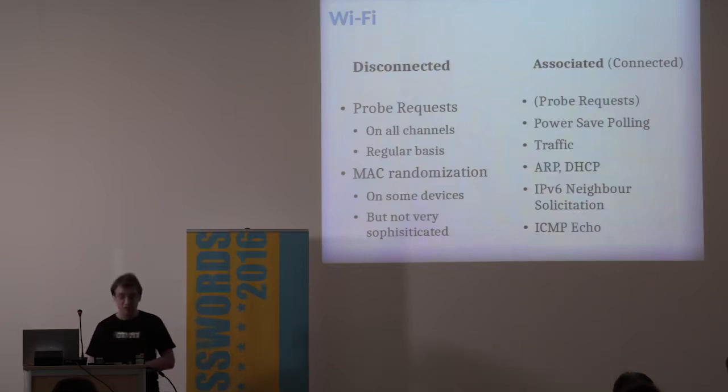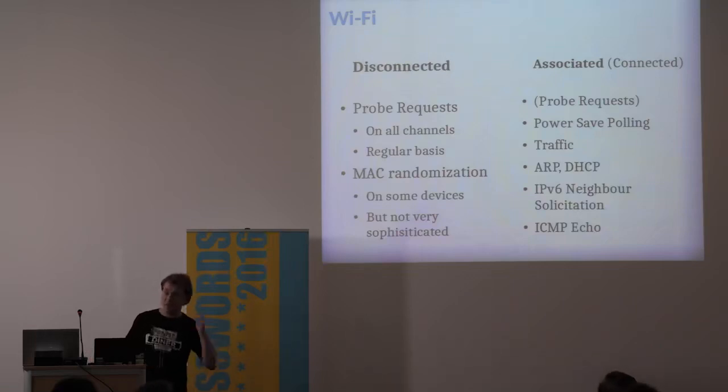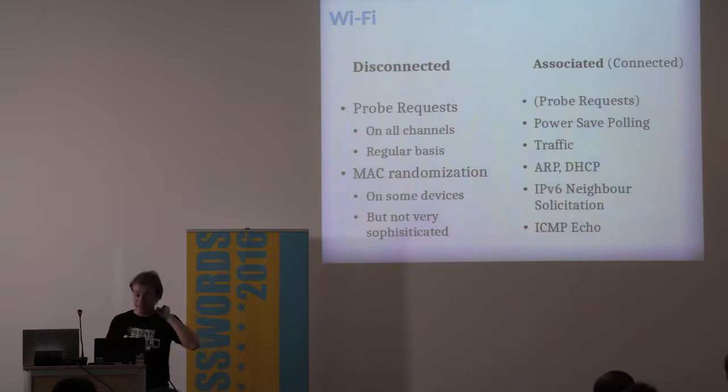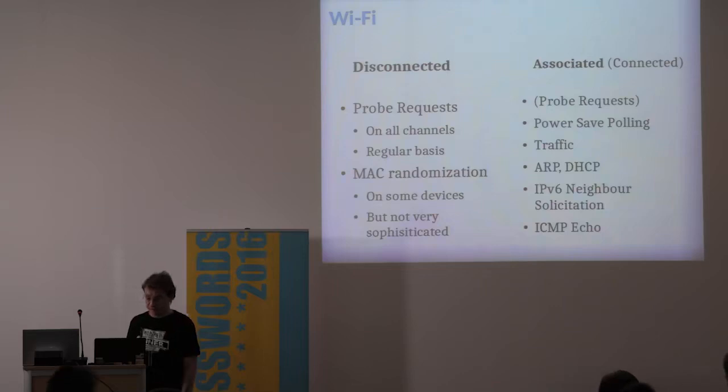Also, most phones use one of the power saving schemes that are available on Wi-Fi, which basically means they do not listen all the time to the access point, but they poll the access point every few seconds.